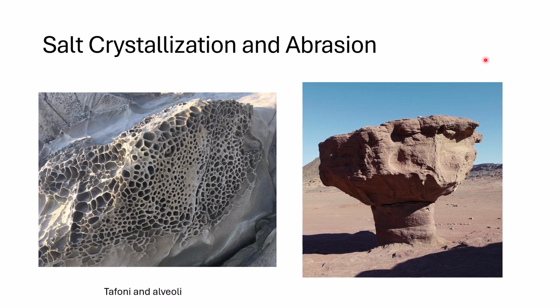This process, called cavernous or honeycomb weathering, affects inland sites where the rock itself contains salts. Mount Diablo and Las Trampas Ridge in California have great examples of that. That's where this picture comes from. But along the coast, it acts much faster and more pervasively.